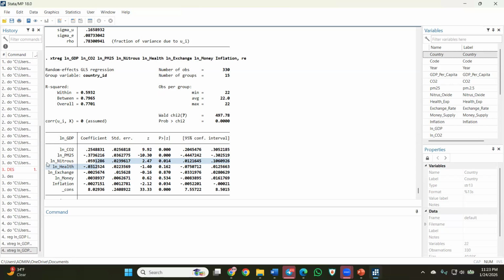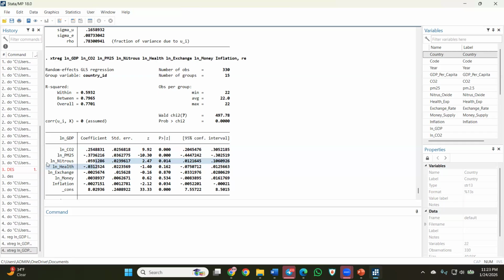The dependent variable reacts or responds to changes in the independent variable. So is that change significant or not? That's what the p-value, the z-value, and the confidence interval are used to determine.